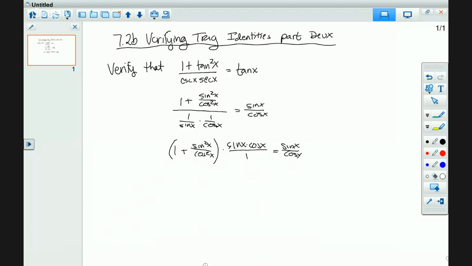Yeah, this is getting a little messy, but okay, what do we do next? You're looking at this going, oh, okay, how do I simplify it?